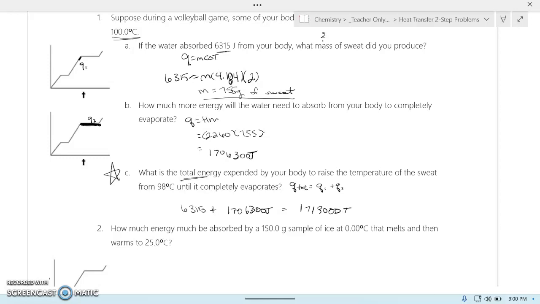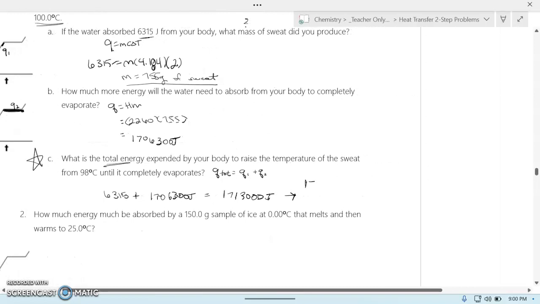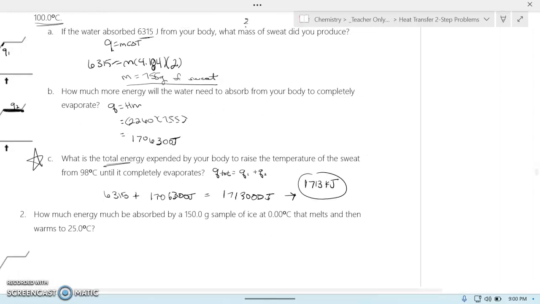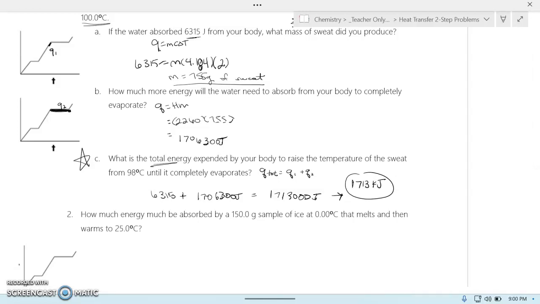And I'm going to write this in kilojoules since we have such a large number: 1,713 kilojoules. That's the total energy required to both heat it up and then change its state into vapor by evaporating it.